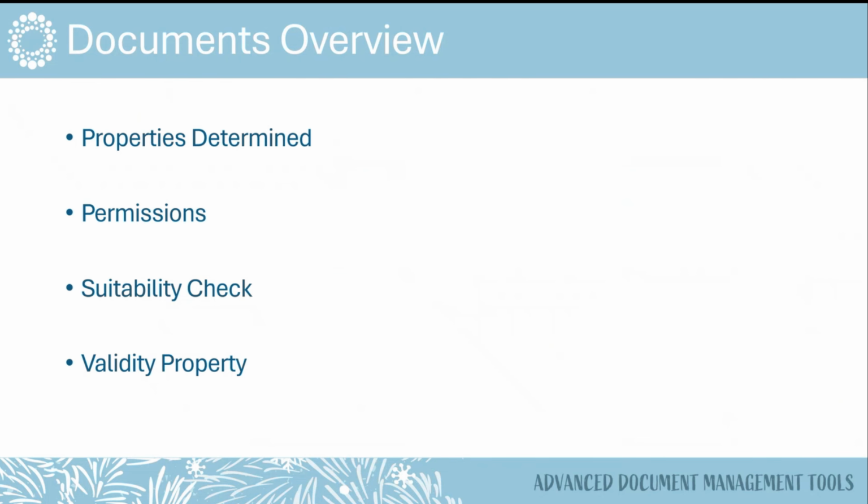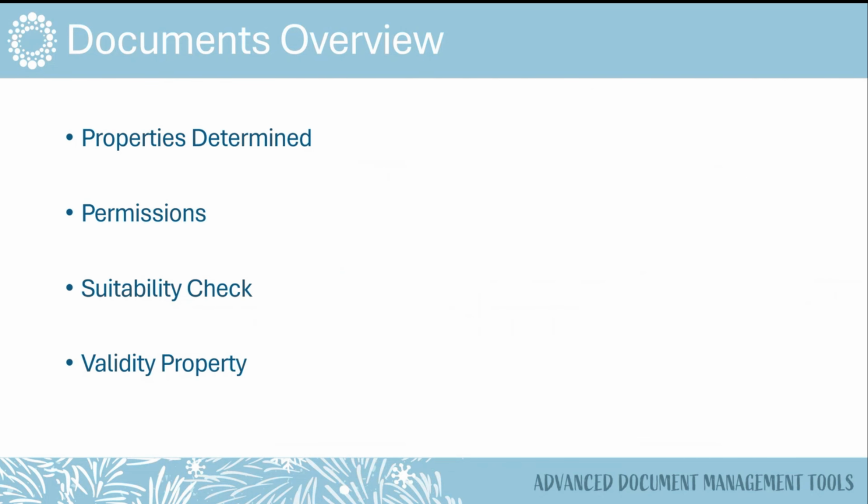Okay, and there's permissions. So there are permissions which relate to print document functions, and the main function permissions are available in permissions on operations. And permissions which relate to specific documents are also available in the permissions tab of view or modify a document type. Okay, suitability check.